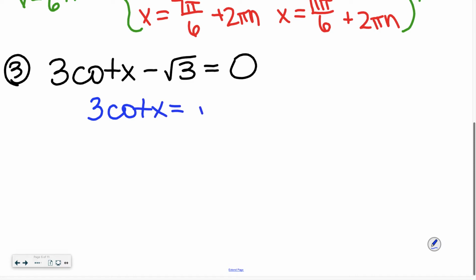Addition. Add that radical 3 over. And then we have the cotangent of x equals radical 3 over 3.